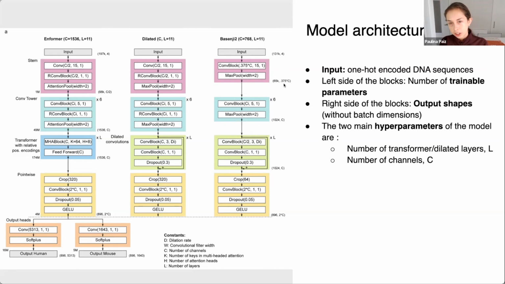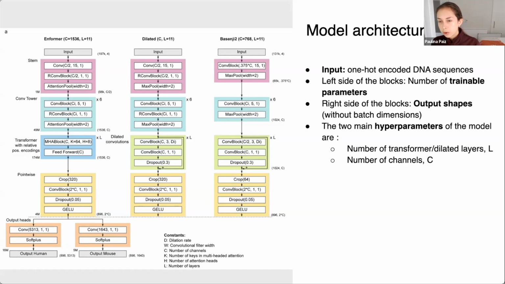So they start with a fraction of the number of channels and then reach the total number of channels. And I will talk about why this is common practice or a good idea in the next slide.